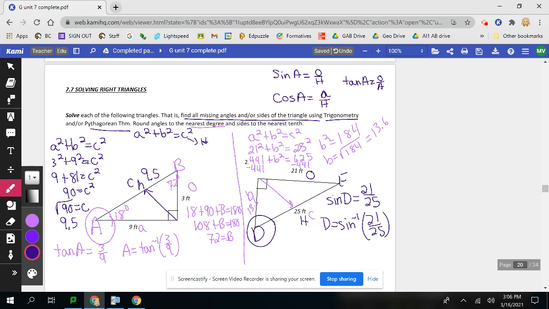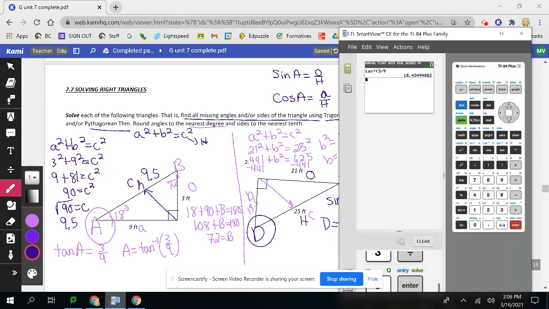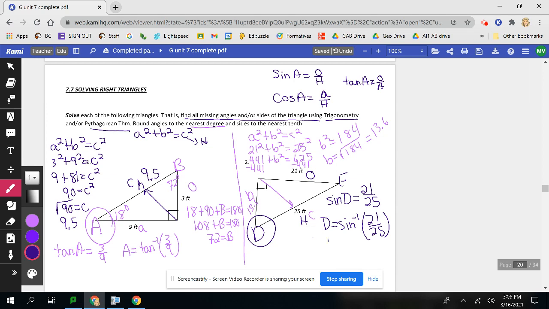And I do that on my calculator by doing second sine 21 divided by 25. And that told me 57, rounded to the nearest degree. To find E, I know my angles have to add up to be 180.